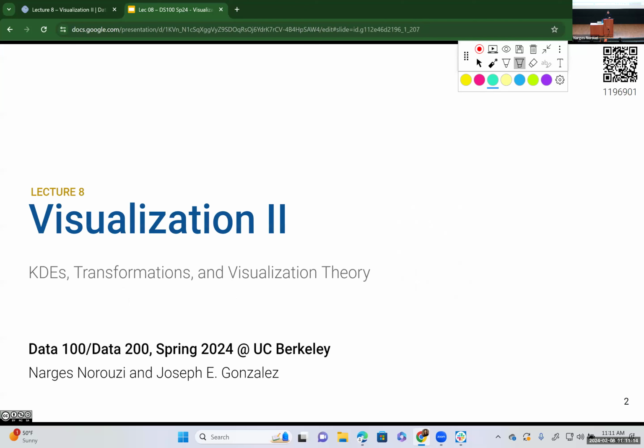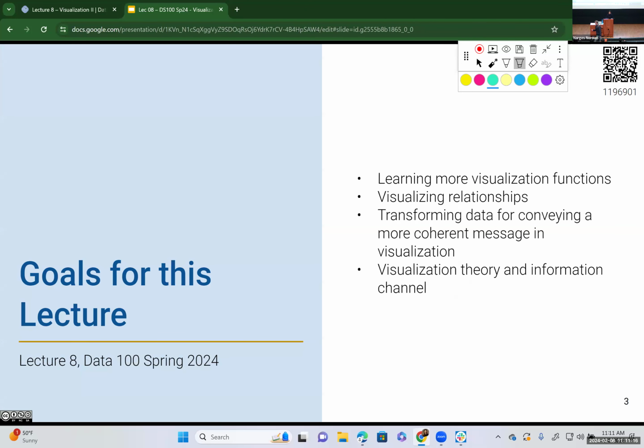All right, wonderful. So visualization 2, we're going to talk about plotting distributions a little bit more. We're going to talk about how we can plot the relationship between multiple different variables. We're going to take a look at how we can make sure that we do transformation in a way that the plot that we're creating is going to be informative for the modeling piece that we're going to do after visualization.